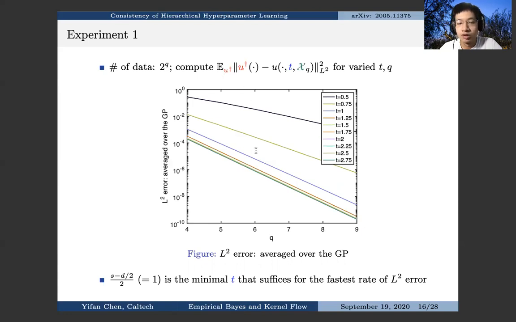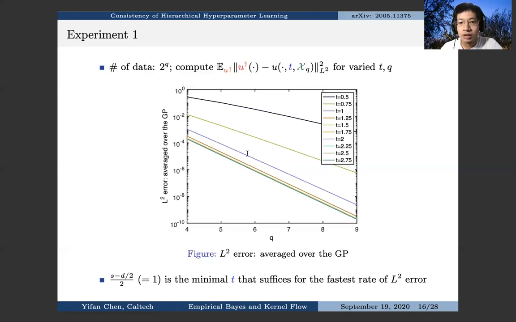We see that for different t, the L2 generalization error will decrease as the number of data increases. That is quite natural, converging to the ground truth. And interestingly, when t moves from 0.5 to 1, the slope of the convergence becomes sharper. That means the convergence rate becomes better.